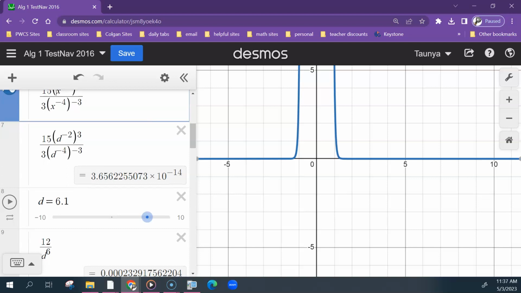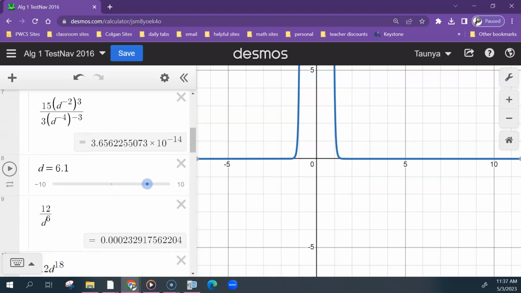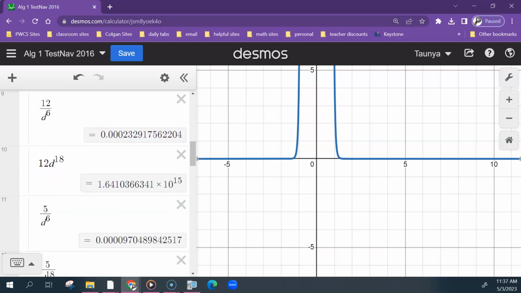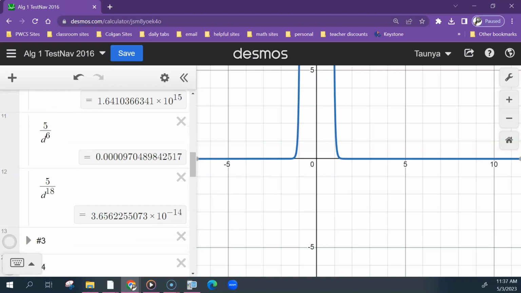It's going to ask you to add in sliders, hit that, change the slider to something positive, and then put in all your answer choices and look for which one matches, which should be this last one, which was D. So all of your exponent things you should be able to use Desmos for, especially if it's multiple choice. If it's not, you could always check it with Desmos. Questions on that one?